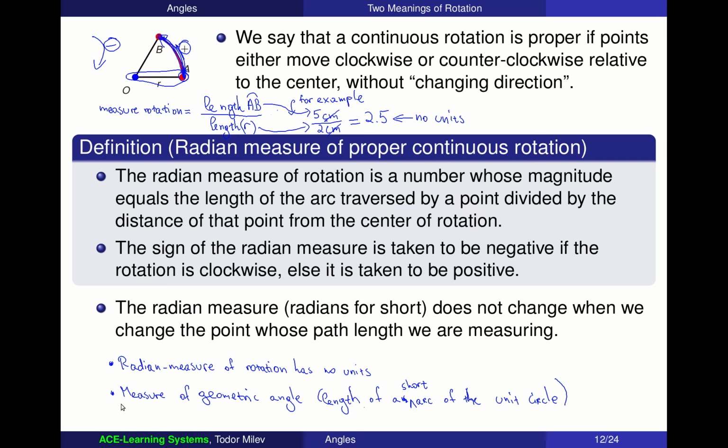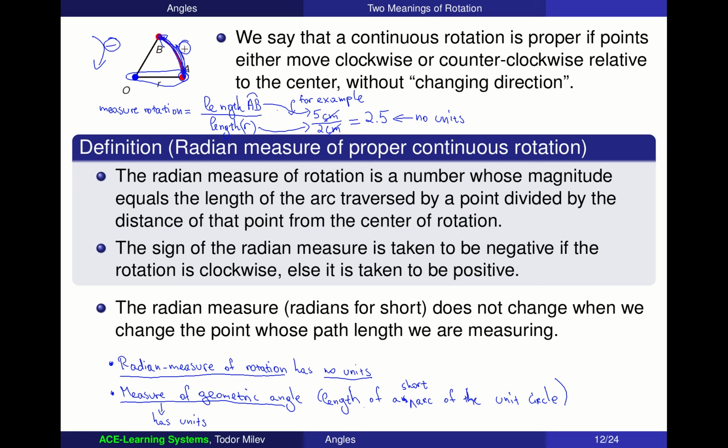So a thing to note is that the measure of a geometric angle appears to have units, measurement units, whereas radian measure of continuous rotation has no units.